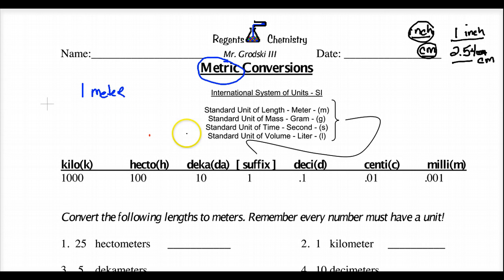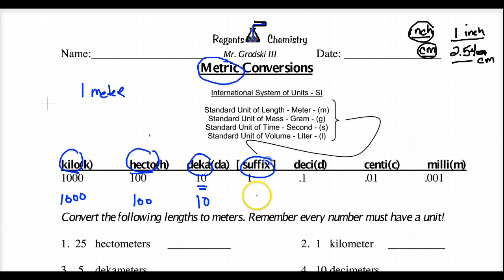For instance, if I have a decameter, that means I have 10 meters. If I have a hectometer, I have 100. If I've got a kilometer, I've got 1,000. Notice I'm using these as my prefix. The word in front is telling me how many of them.